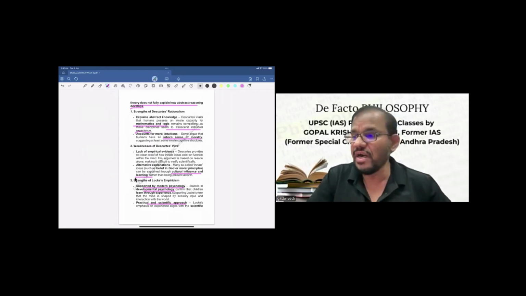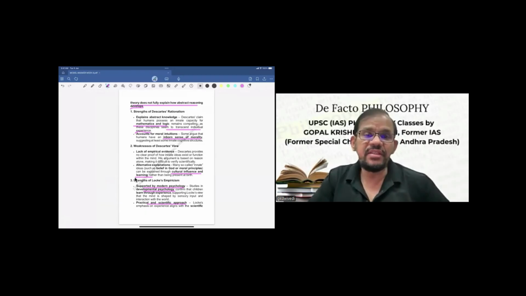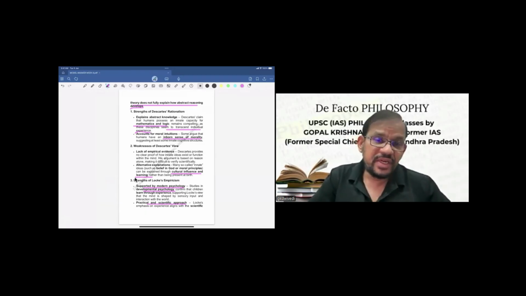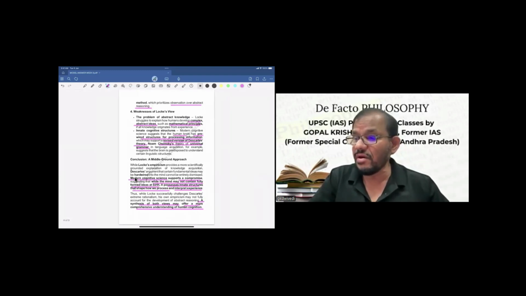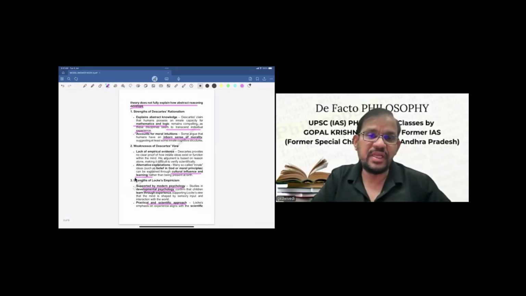This is what we have analyzed in the critical evaluation: strengths of Descartes' rationalism, weaknesses of Descartes' view, strengths of Locke's empiricism, and weaknesses of Locke's view. So in both, there are some strong points and some weak points. I'm not explaining that. Please read it carefully, and then you will understand.